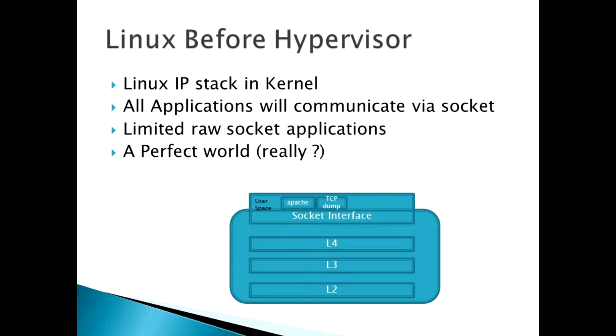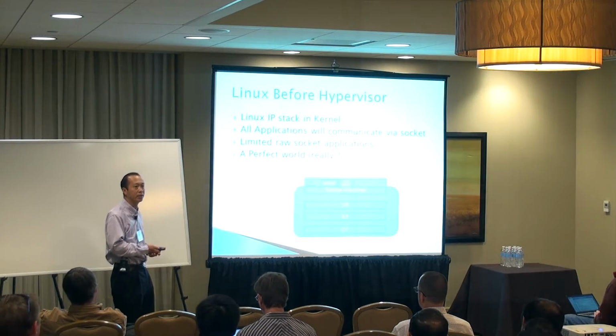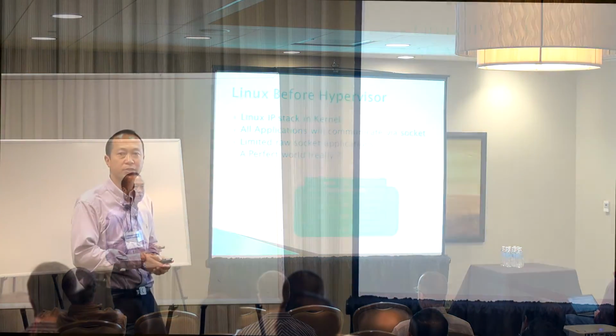All the applications typically communicate through the socket. There are still a few applications using raw sockets, but that's not many. So most people in the application domain are pretty happy with the legacy so-called host applications. That's a perfect world until today.